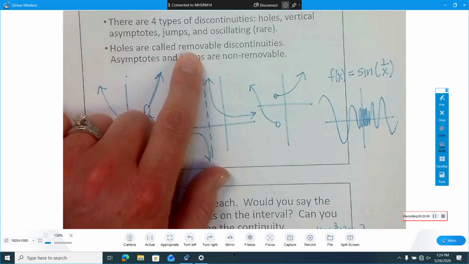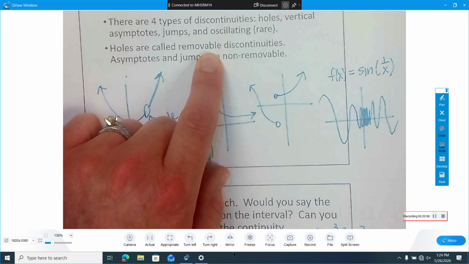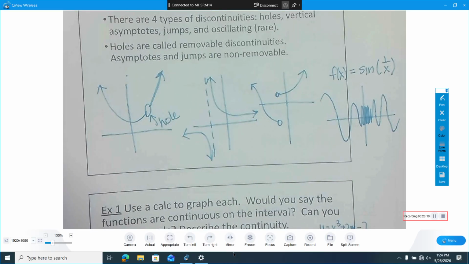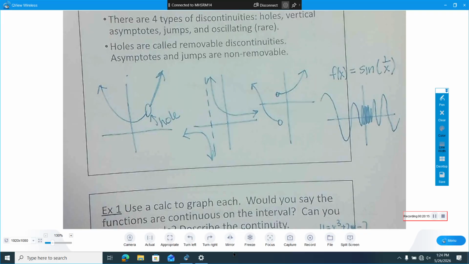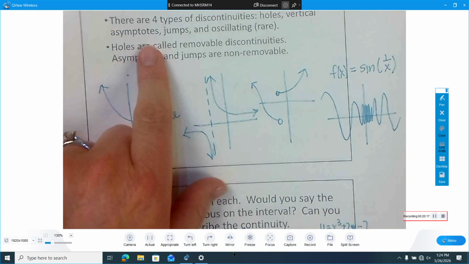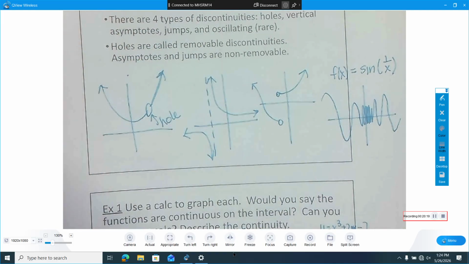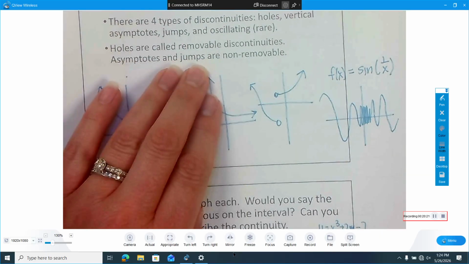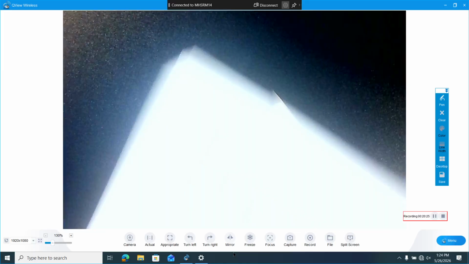Holes are called removable discontinuities because that's easy to plug. It is one infinitesimally small little hole, right? Easy to fill. We don't care about those. So holes are removable. We get to ignore them. Asymptotes and jumps are non-removable. Those things are too big to patch, all right?